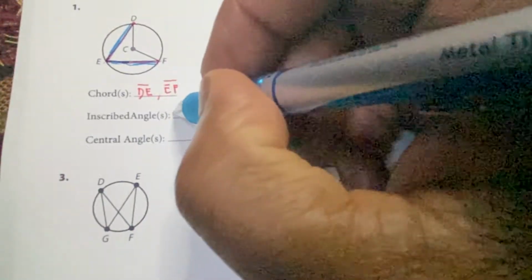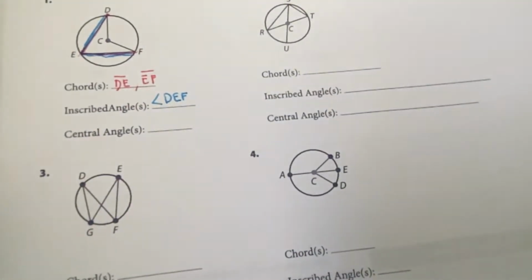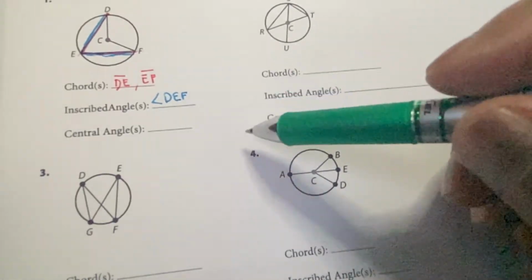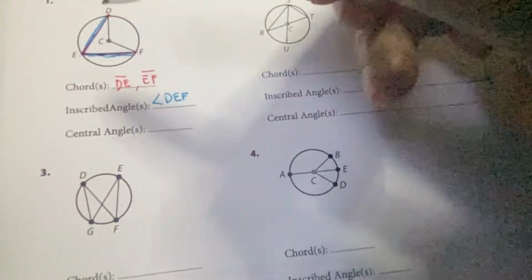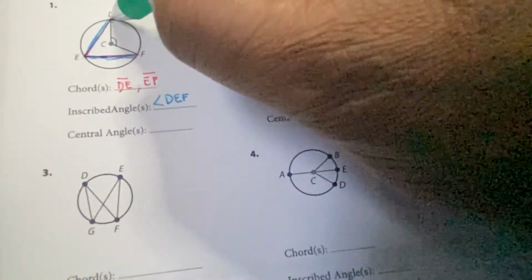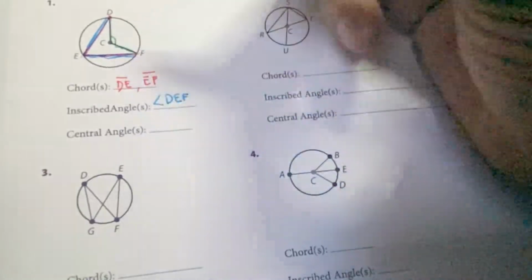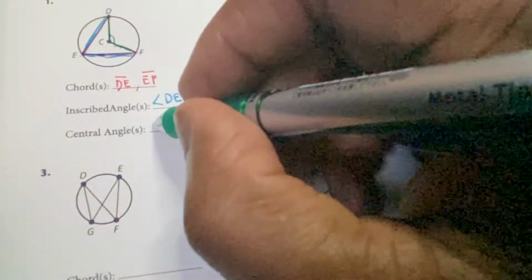I'm going to call it angle DEF, and my central angle is going to be an angle that's less than 180 with the vertex sitting at the center. So again, this is my center. This is an angle that's formed that's less than 180. So that's DCF.